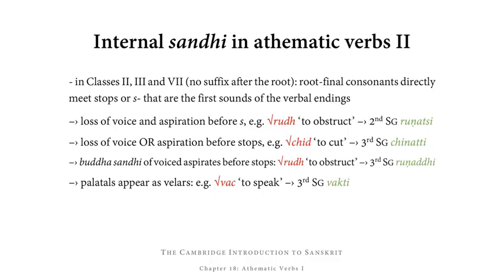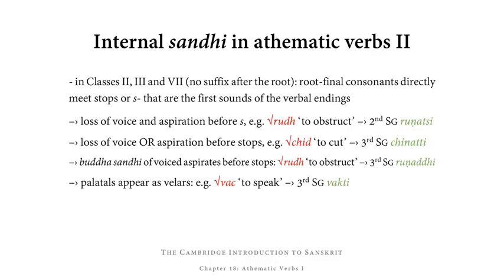D is the voiced aspirated dental, and so it turns into the unvoiced unaspirated dental, which is T, and so we have runatsi. And yes, if you take a step back and for a moment don't look at these as technical grammatical terms anymore, then something losing both its voice and its aspiration is rather tragic. But that's the power of internal Sandhi for you.